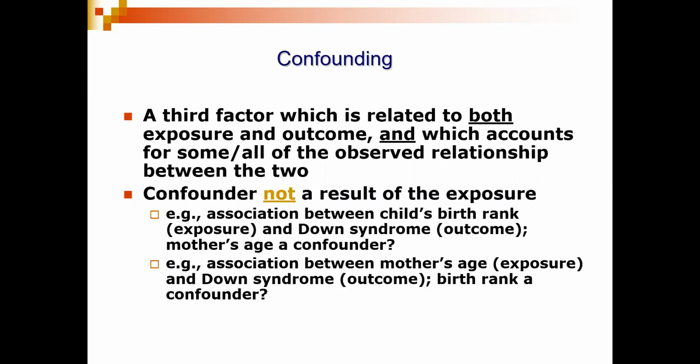This is a very common example used to illustrate confounding, where we assess the association between the child's birth rank, which is the birth order, whether you are the first born, second born, third born, or fifth born, and Down syndrome, which is our outcome. In this case, you can have the mother's age as a confounder.